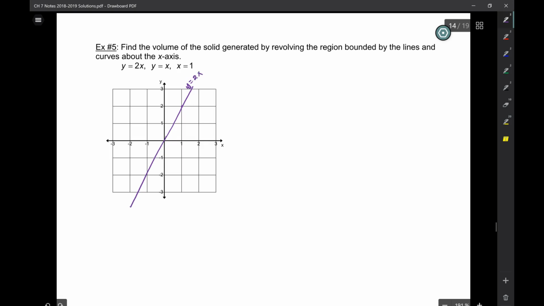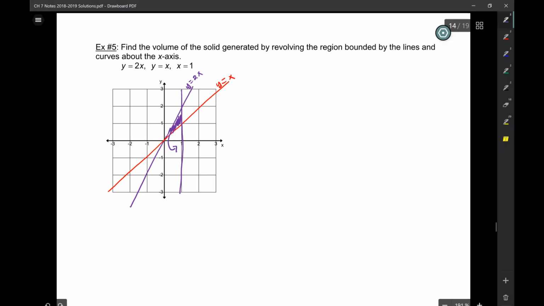And then I have the line y equals x. And then I have the line x equals 1. That's this. So highlight the region that's bounded by all of these. It's this. Correct? Now that's the region that's going to be revolved around the x-axis.